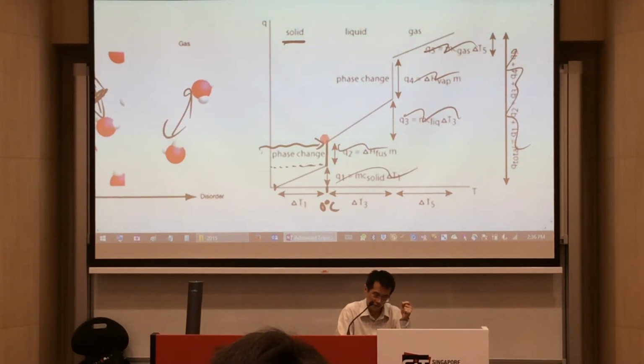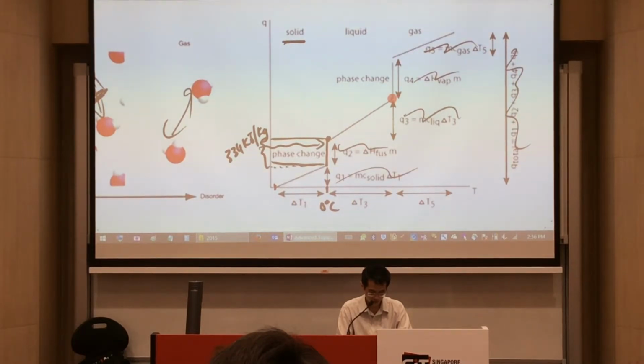So this much over here, that is your 334 kilojoules per kilogram, that much energy is used entirely to change the state from solid state to liquid state. So at this point onward to that point, this is all in your liquid state. This point to this point is all in your solid state.